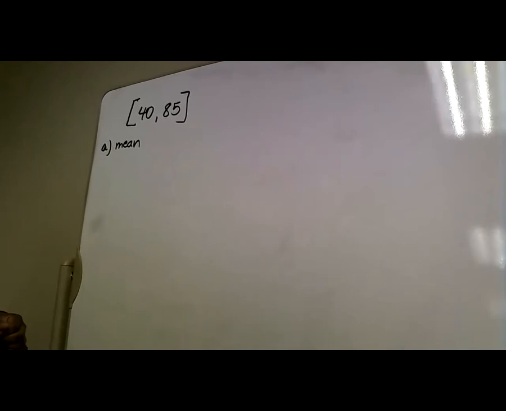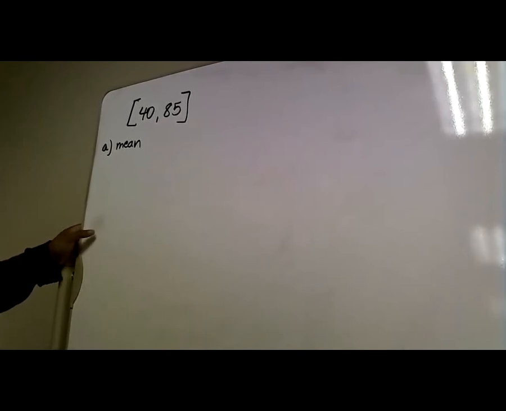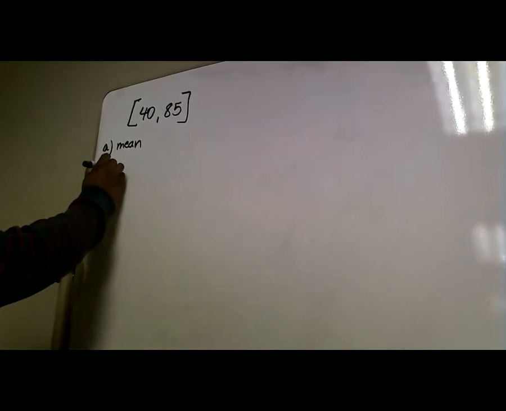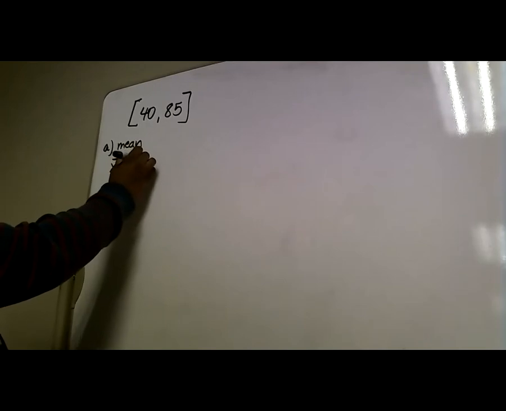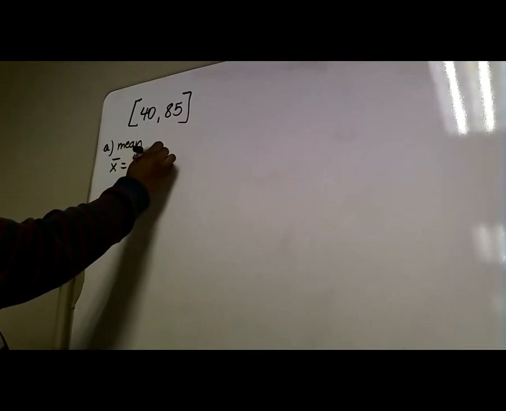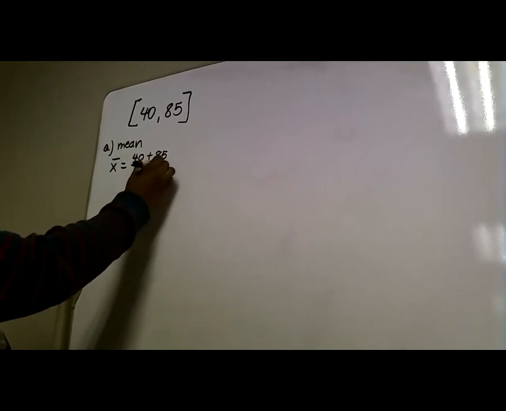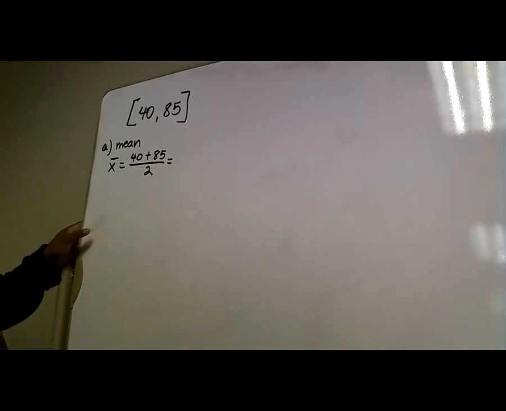You don't have any data set to work with. So the way we do that here, we just have to add the minimum and the maximum value together and divide by 2. Because that's all we have to work with here.